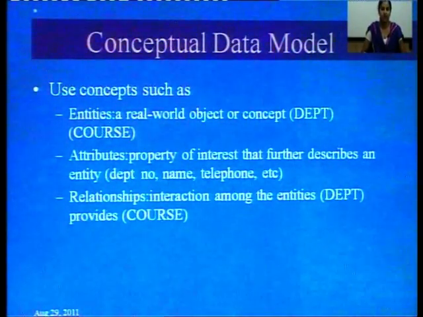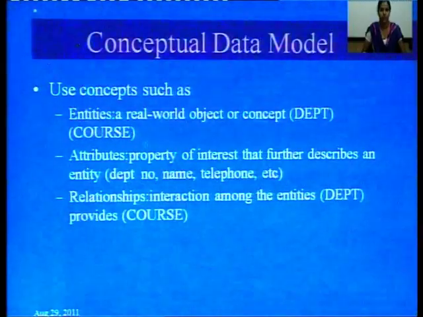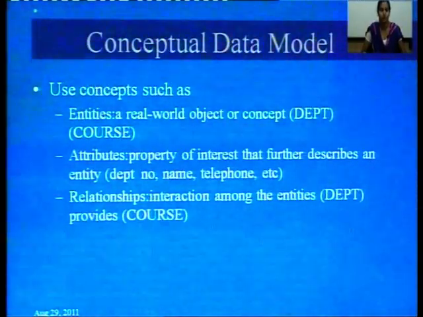So I am summarizing: the conceptual data model is dealing with the entities. An entity is any noun, an object, a single word, a real world object. It can be department, it can be student, it can be course.